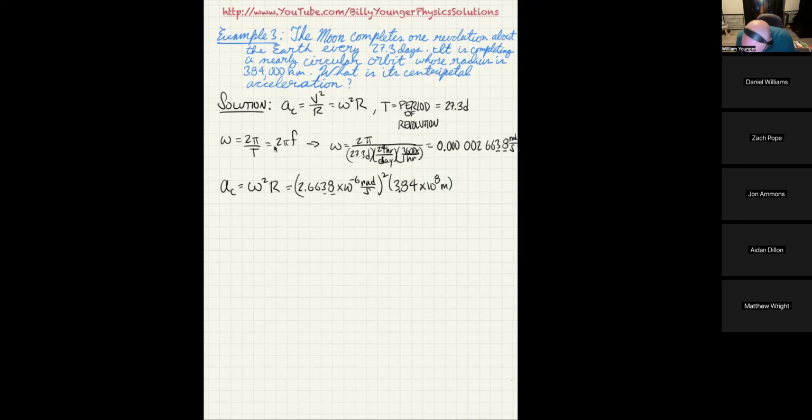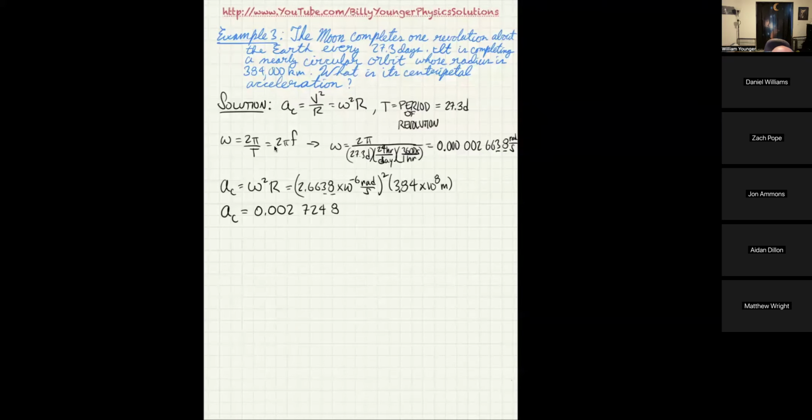So if I take this number, 2.6638 times 10 to the negative 6, and I square it, and then I multiply that by 3.84 times 10 to the eighth, I get the centripetal acceleration AC equals 0.00272, and then let's say 4 and then 8.